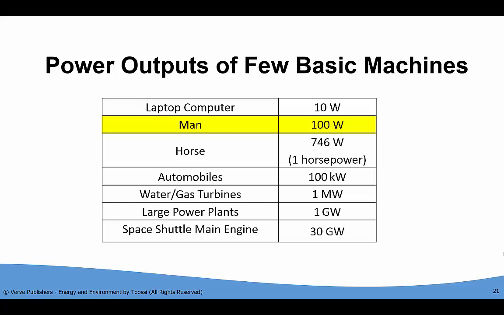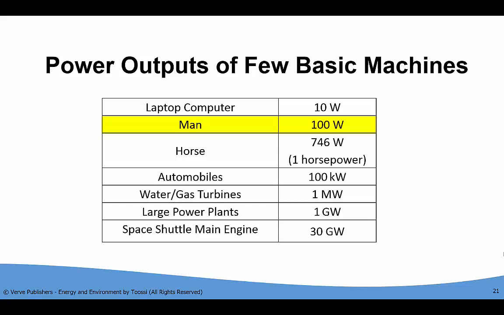Whether we're asleep or awake in a very sedentary position, with not much physical activity, we still need energy to maintain our body temperature and the normal functions of our organs. On average, a healthy man at rest uses about 100 watts.